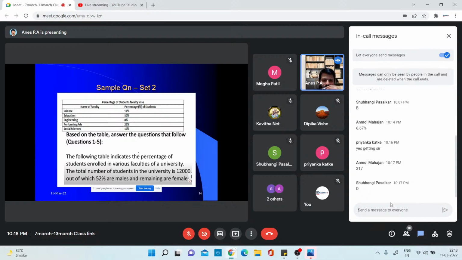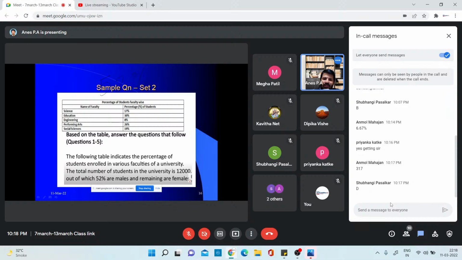Also we need to understand one thing. There are 12,000 students in this university, out of which 52% are males. You must notice this point.